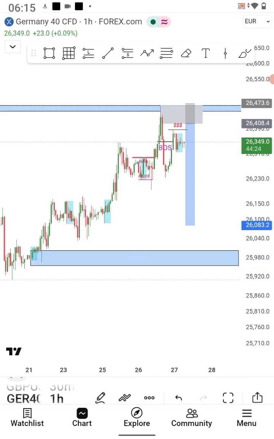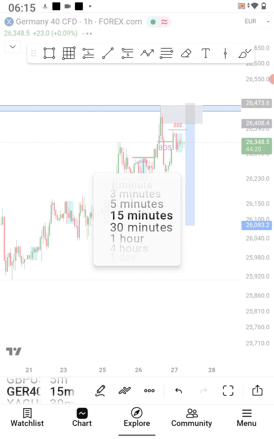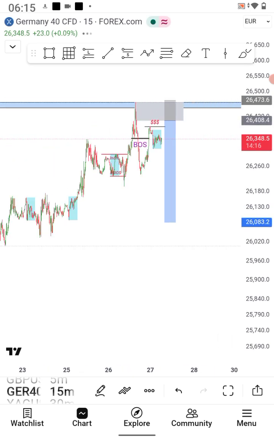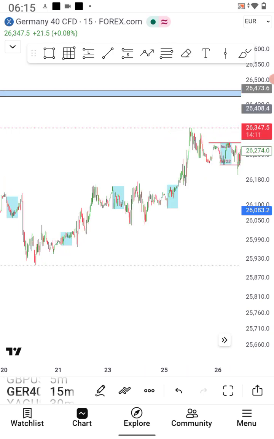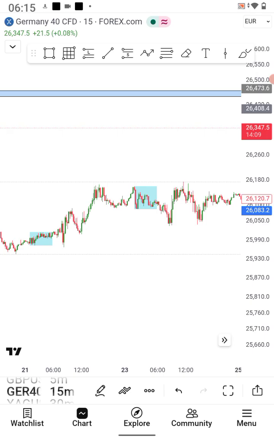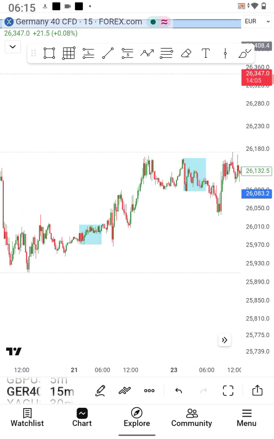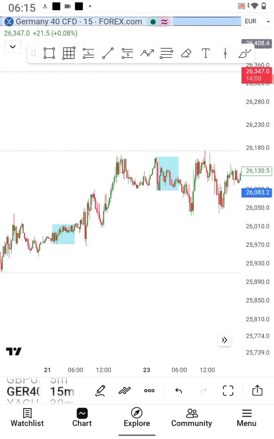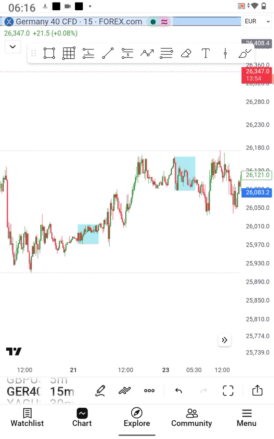Let me scale down to 15 minutes time frame. I just want to get the actual place. 15 minutes time frame where I had that entry for a buy. The market didn't get to it, and then it just started flying. Actually, I would have been in that trade that day, but I just doubted the setup that day.